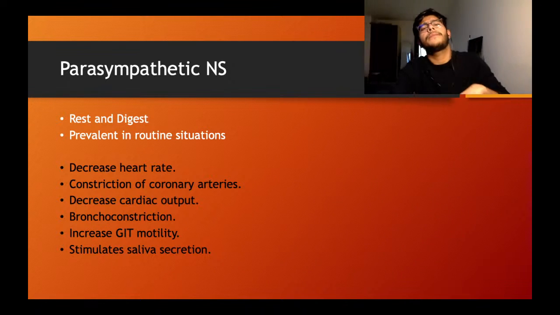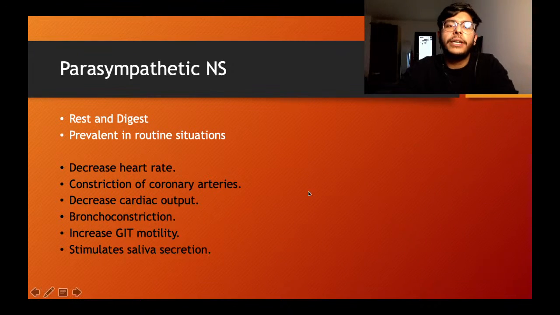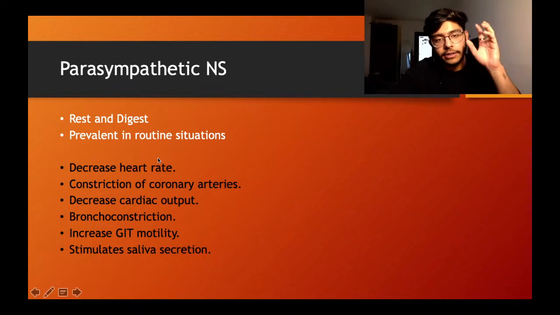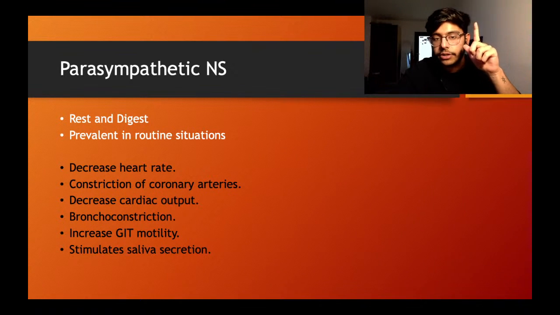Moving on to the parasympathetic, as I said earlier, rest and digest, prevalent in routine situations and situations where I'm at rest, essentially like how I'm doing right now. The direct effect is it decreases heart rate, constricts coronary arteries, which is what supplies the heart itself with blood.